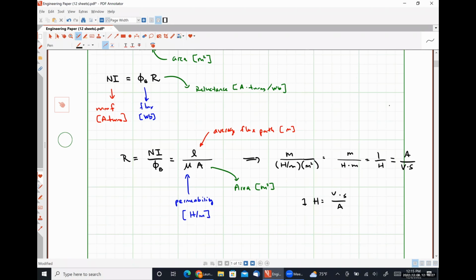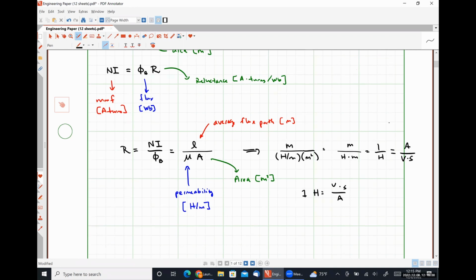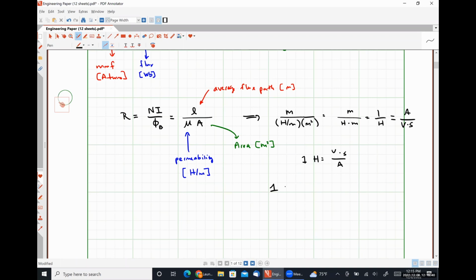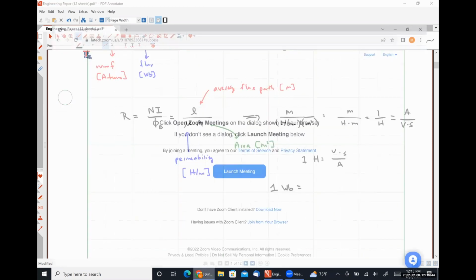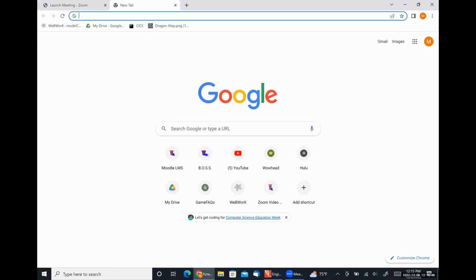So now we have to relate Webers to voltage. Give me a moment to remember how to do that. All right, let's just give it a Google. Where is my mouse thingy?